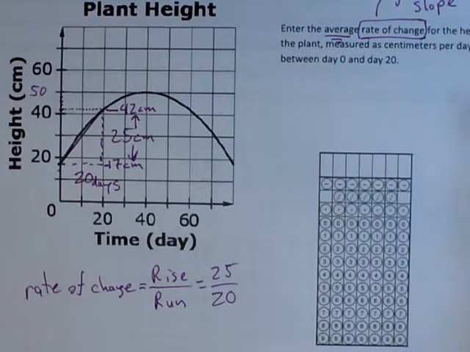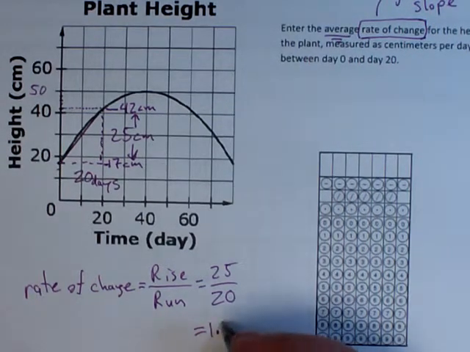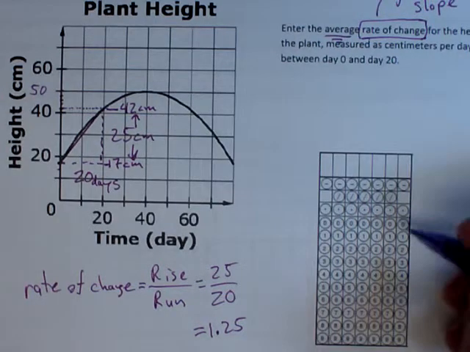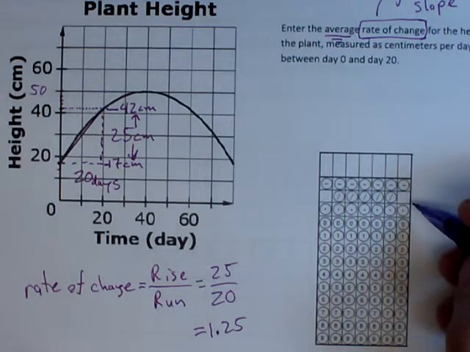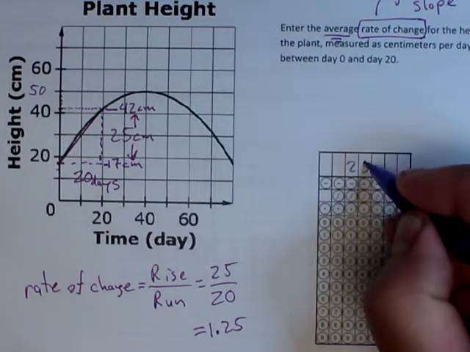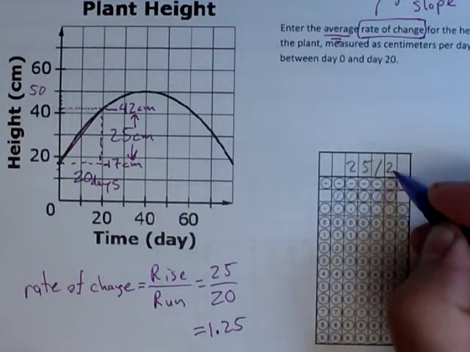So just to show you how you would make a fraction, I'll do this as a fraction. This is also as a decimal. This is 1.25. So you could actually enter this either way. I'm going to enter it as a fraction just so you see how to use the grid for making fractions. 25 over 20.